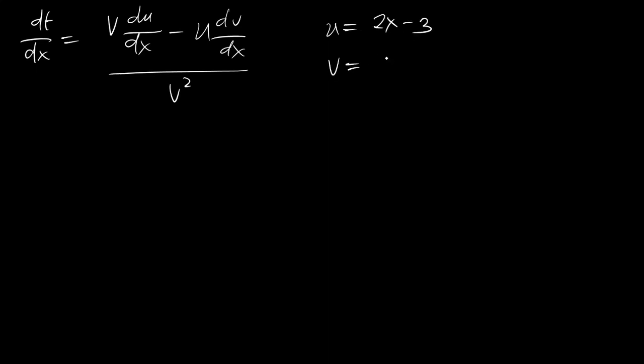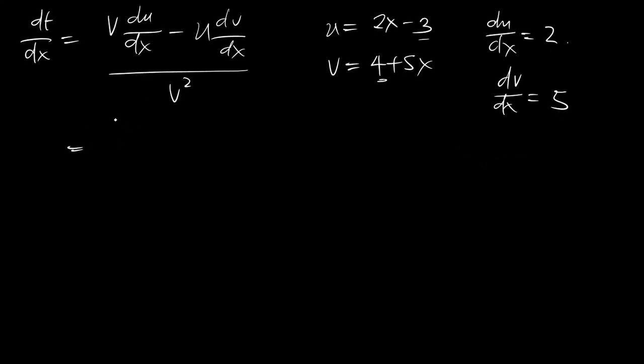Our v is equal to 4 plus 5x. So the derivative of u with respect to x will now be 2, because the derivative of a constant is 0. So the derivative of v with respect to x will now be 5, because the derivative of this constant is 0. So you have 2 and 5.